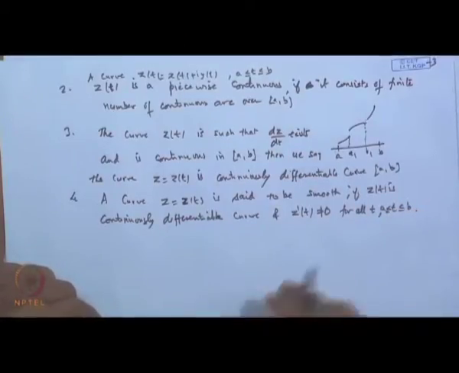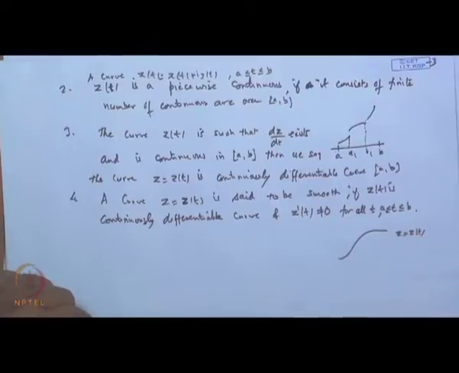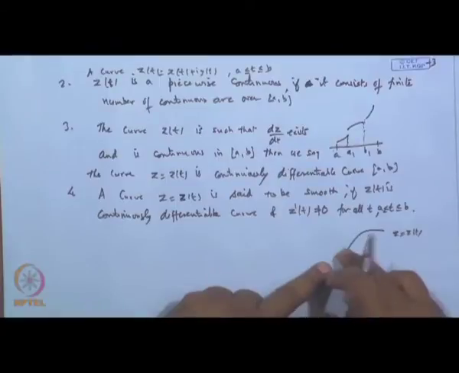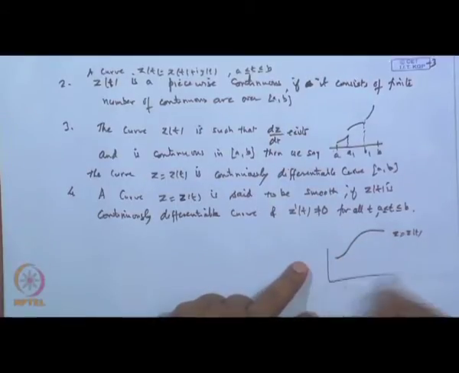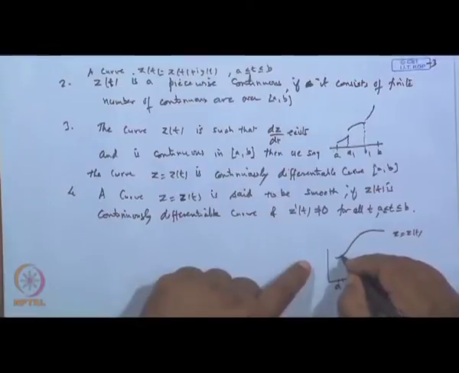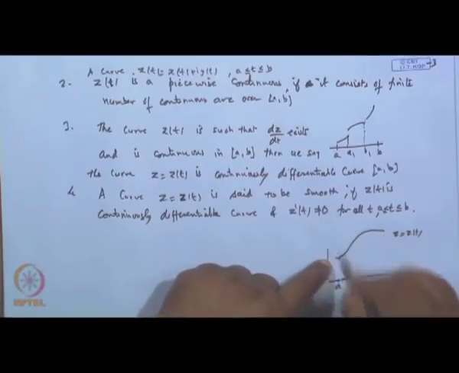That is, the curve is continuously differentiable, which means at each point the curve z equal to z(t) possesses a continuous derivative, and also the derivative is not equal to 0.